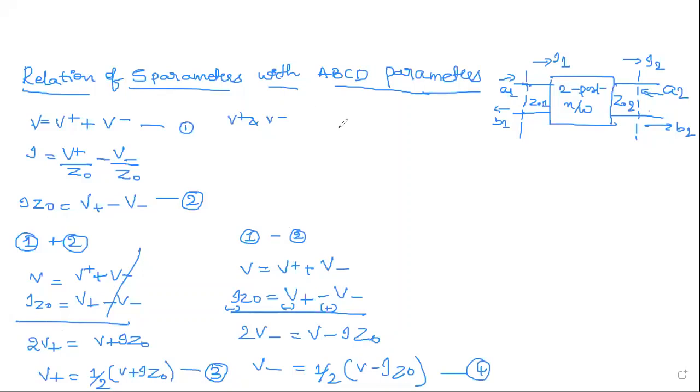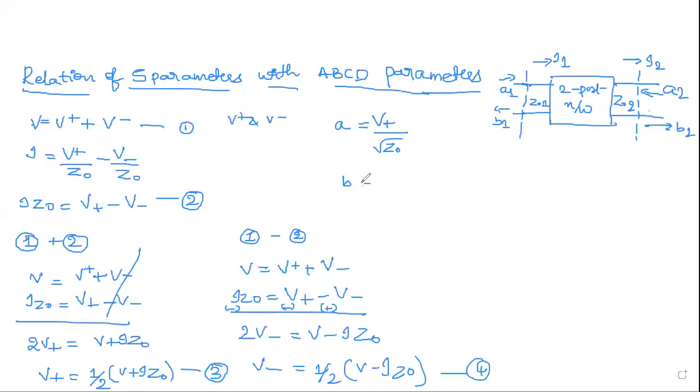Now you know the incident voltage and reflected voltage. A, we have seen initially, we represent it with respect to incident divided by Z naught. You have done it in the S parameter derivation. Incident voltage is always represented as V plus by square root of Z naught.